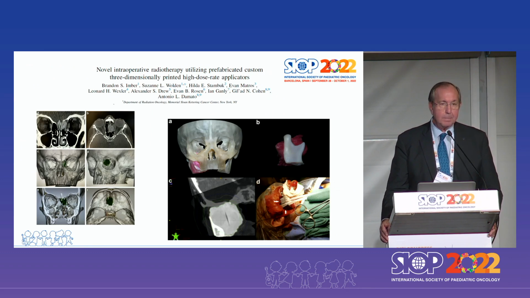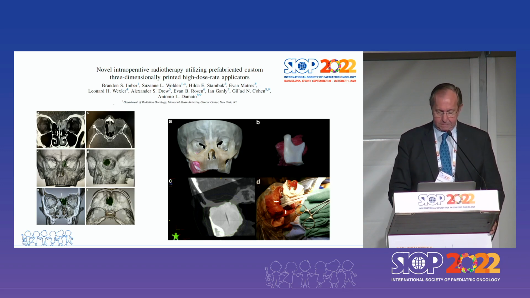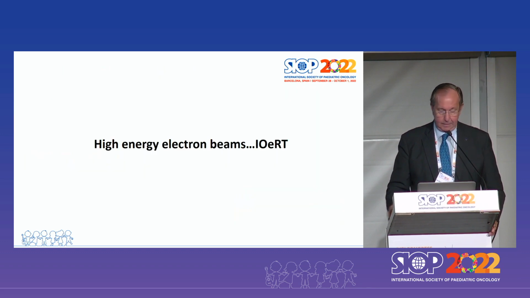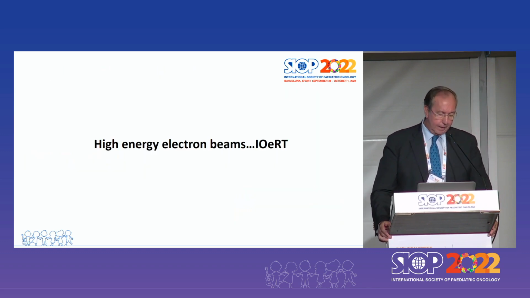In brachytherapy, I'm going to make only 2 additional comments. One is that it is very elegant to treat difficult and complex areas. You can do molds and many special devices to bring the isotopes nicely to the tumor bed area in cavities and in anatomic areas of difficult access.